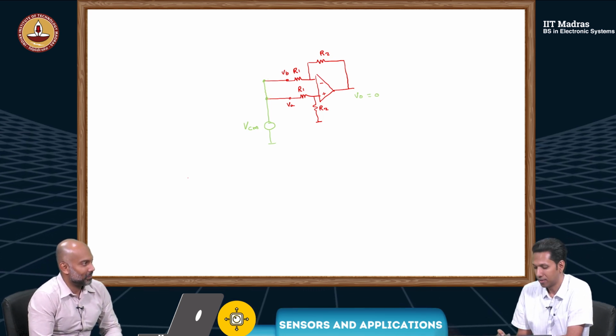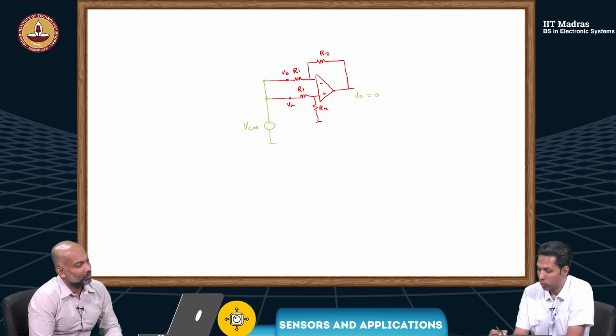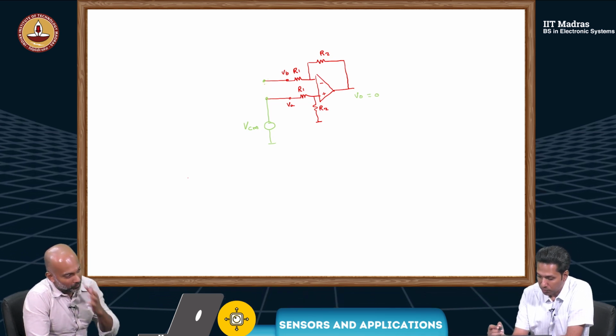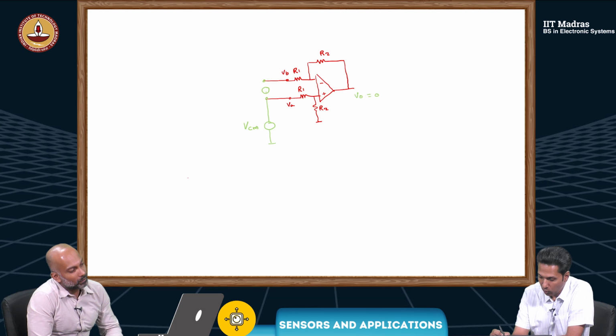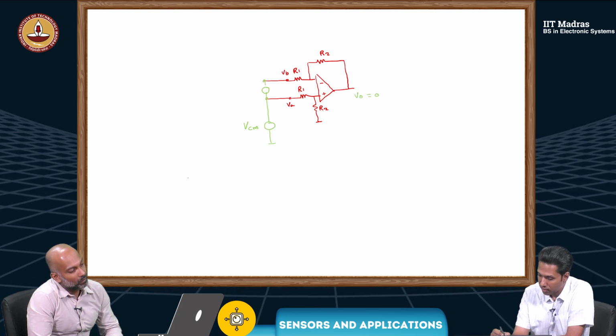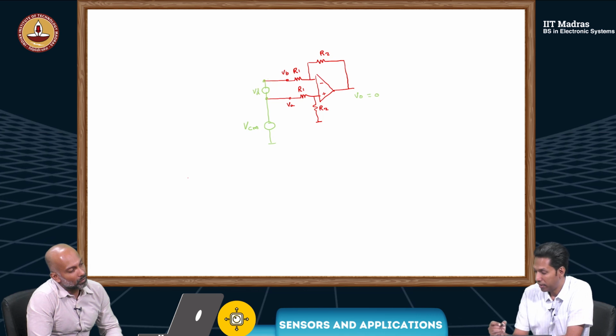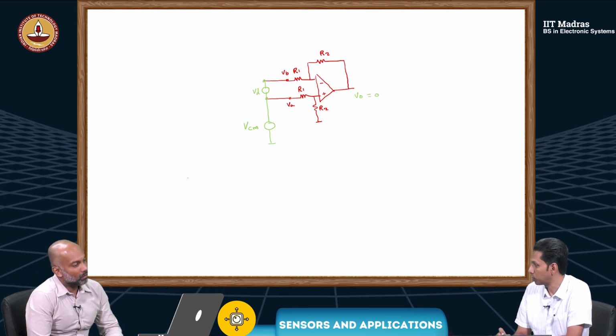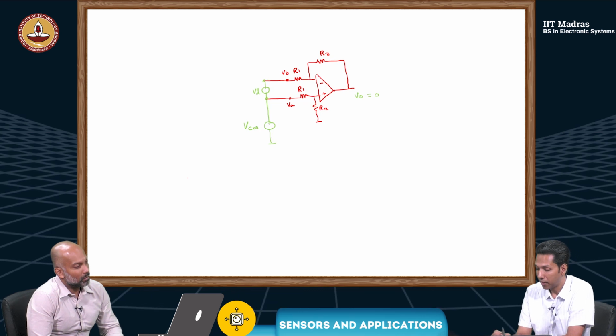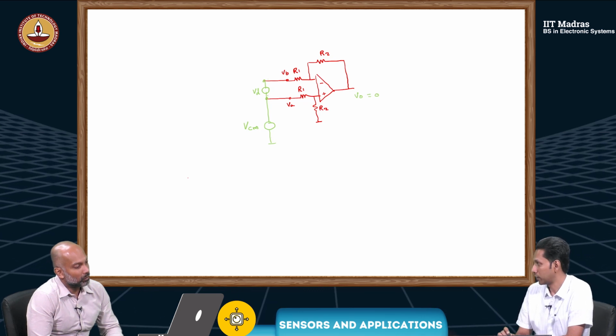They need not be equal. I can have the voltage that we are interested to measure, let's say, maybe I call it VD. This is what we are interested to measure. But VD may be riding on this common mode voltage.